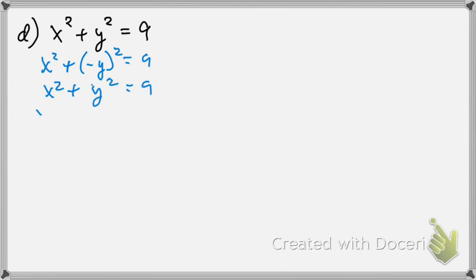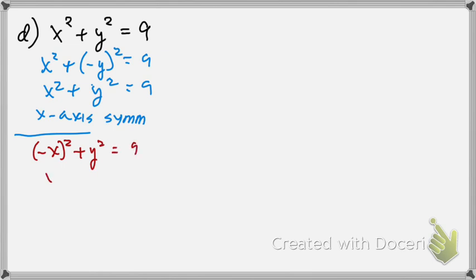So I've got x-axis symmetry. Check for y-axis. So I'll change my x's now. Negative x times negative x is x squared. That looks the same. Here's the picture.